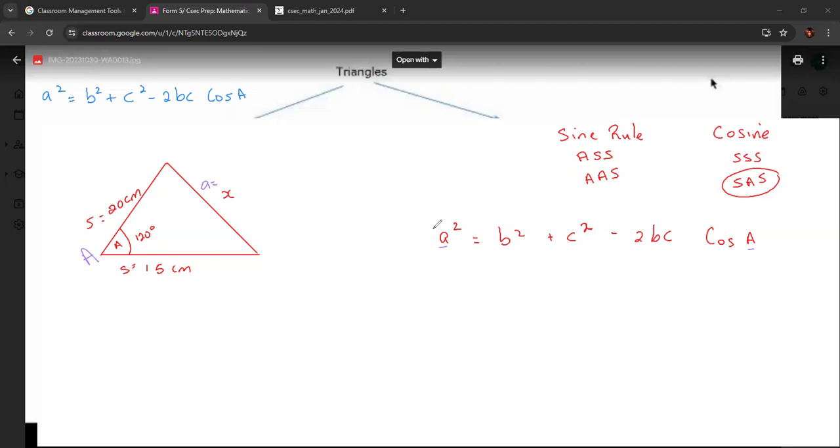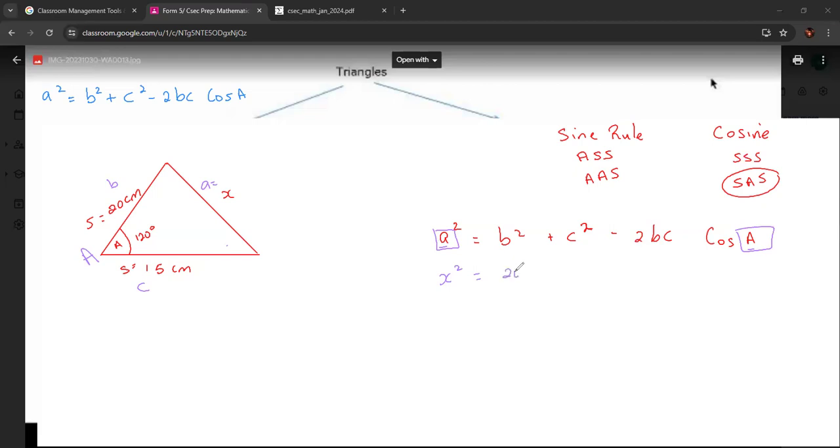So this side must correspond with the cos of the angle that is opposite to it. And then the other two, it doesn't matter which one is B and C. A is what I'm trying to find, so I'm going to substitute x for it.